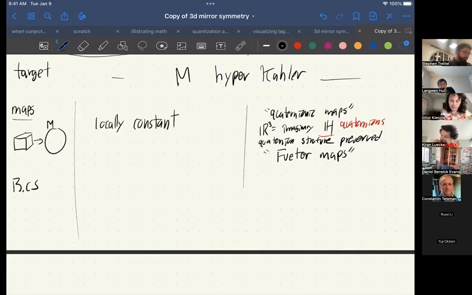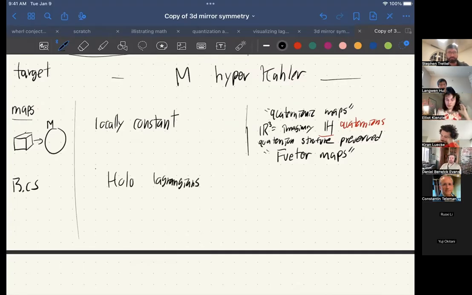Both of them are going to be given by holomorphic Lagrangians, where holomorphic means that it's holomorphic with respect to, yeah. So these are holo Lagrangians. So what does that mean? Because it's weird, because in ordinary symplectic geometry, Lagrangians can't be holomorphic. But remember, we have a holomorphic symplectic structure.